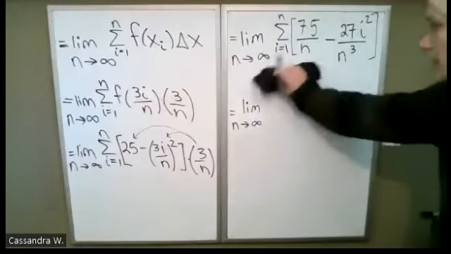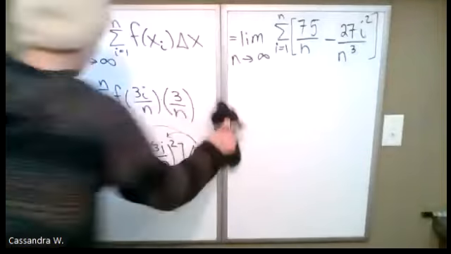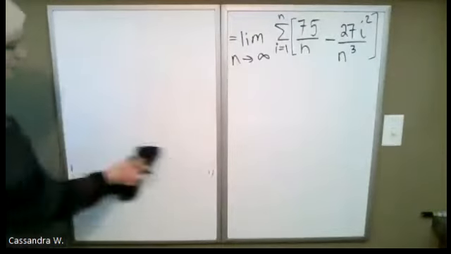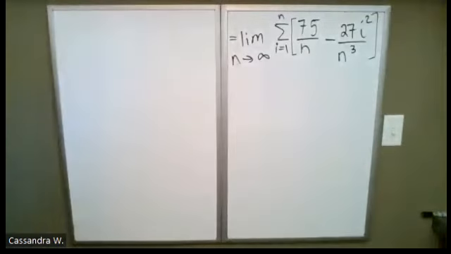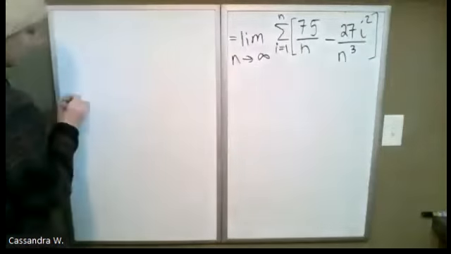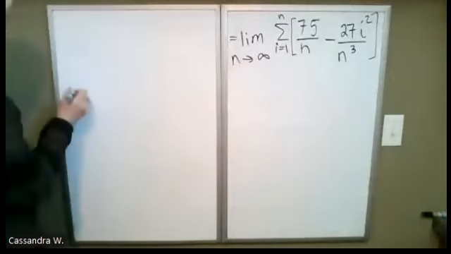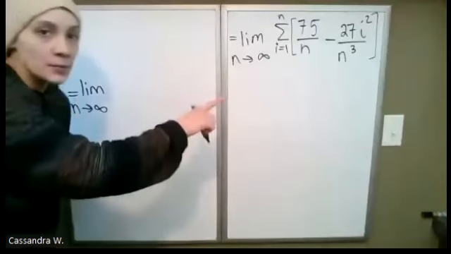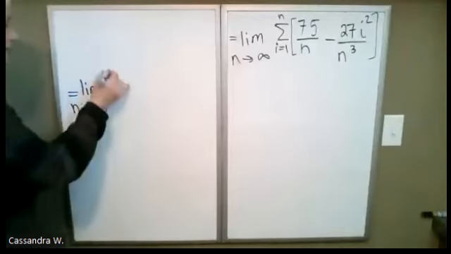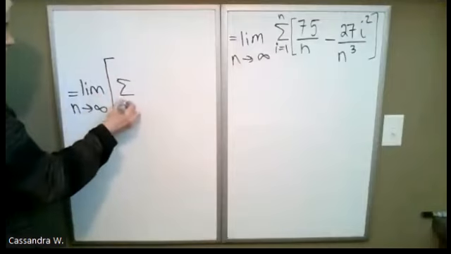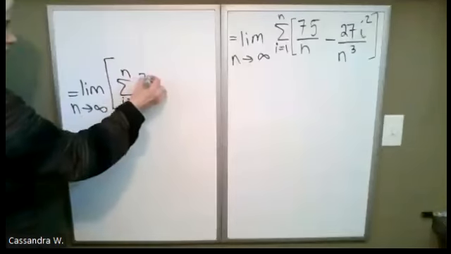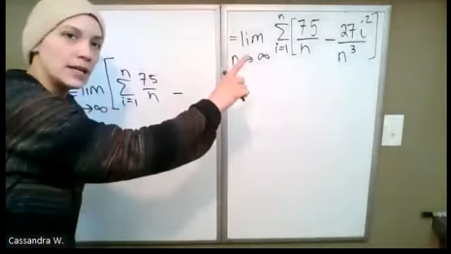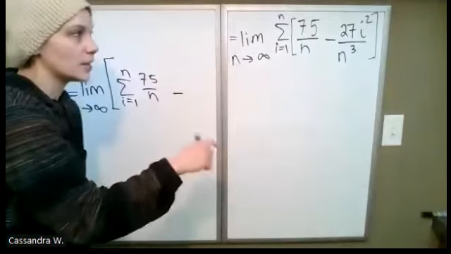Okay, so from here, I'm going to go down here. From here to here. Limit as n goes to infinity of the sum from i equals 1 to n of 75 over n, minus the sum from i equals 1 to n of 27i squared over n cubed.